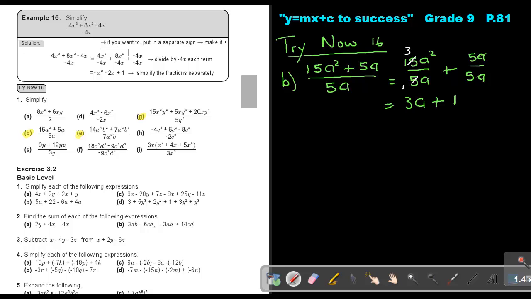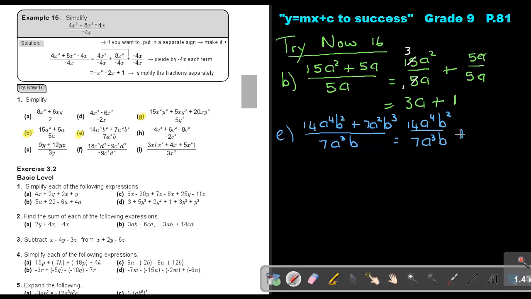Okay, if I look at number E. So this is 14a^4b squared plus 7a squared b^3 over 7a^3b. If I simplify, this is 14a^4b squared over 7a^3b plus 7a squared b^3 over 7a^3b.